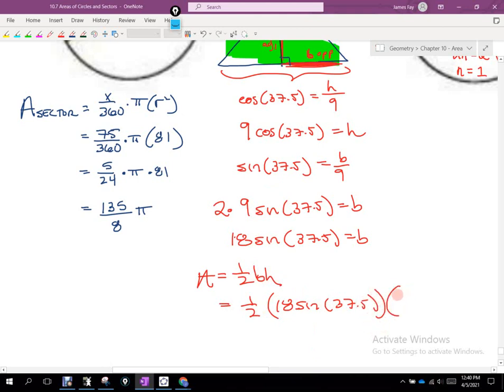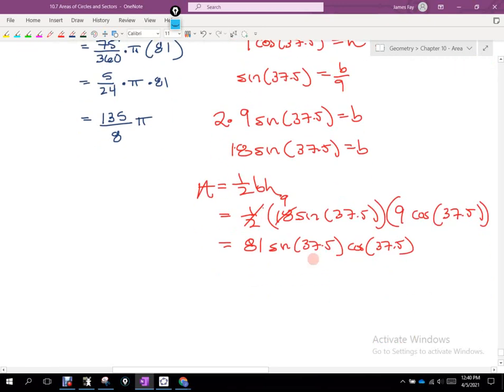H, we said, was 9 cosine 37.5. This 1/2 and this 18 work together nicely, gives me 9, and that 9 and that 9 go together, give me 81 sine of 37.5 cosine 37.5, and that's the area of my triangle.